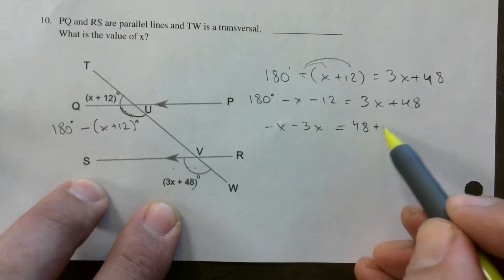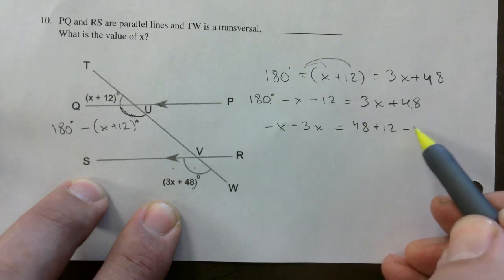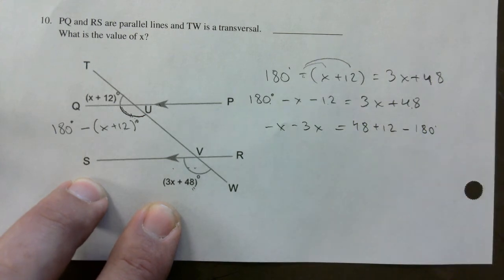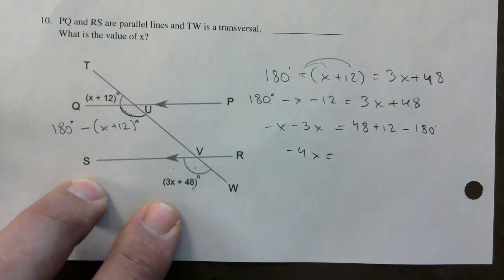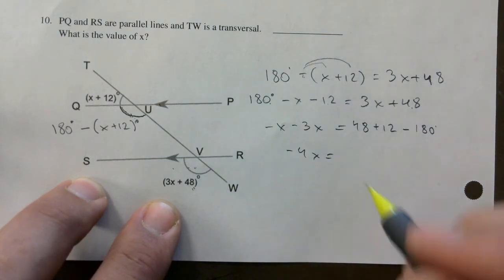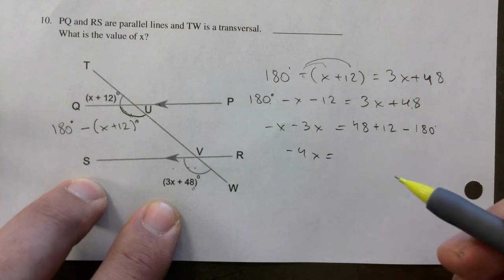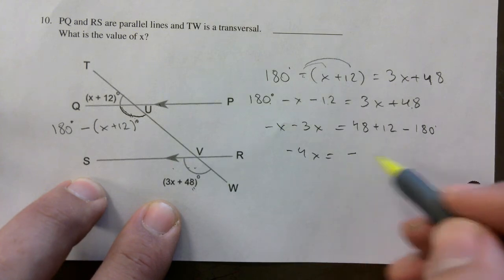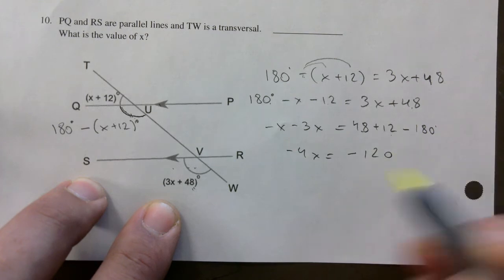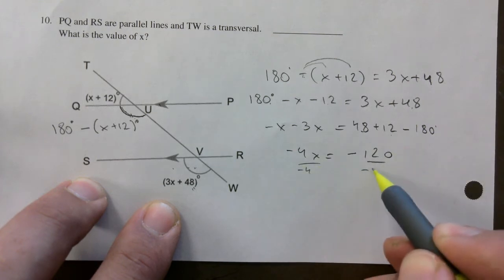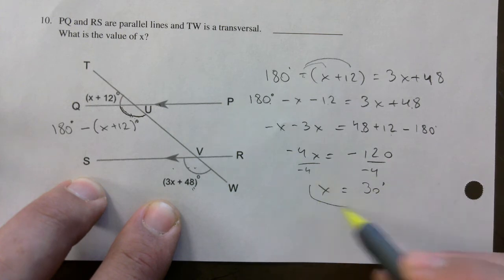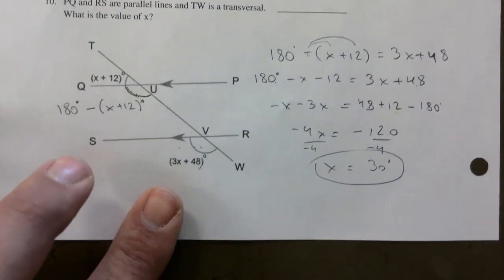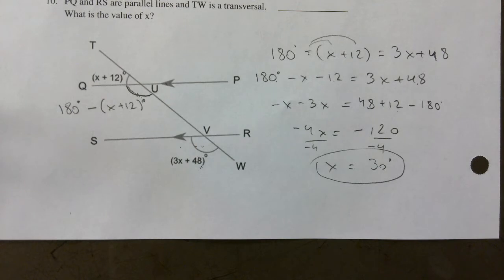The 12 comes over adding. The 180 comes over subtracting. This gives me negative 4x and that gives me negative 120, right? Because this is 60. Divide both sides by negative 4. And that's 30 degrees. It just asks for x in this case, so that's it. Done.